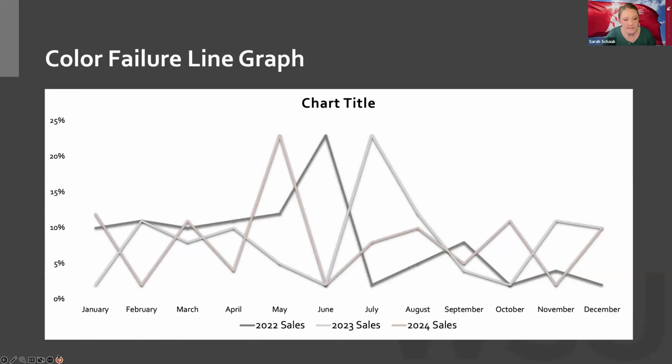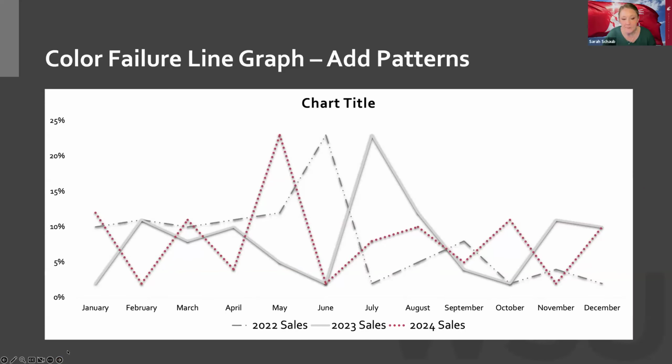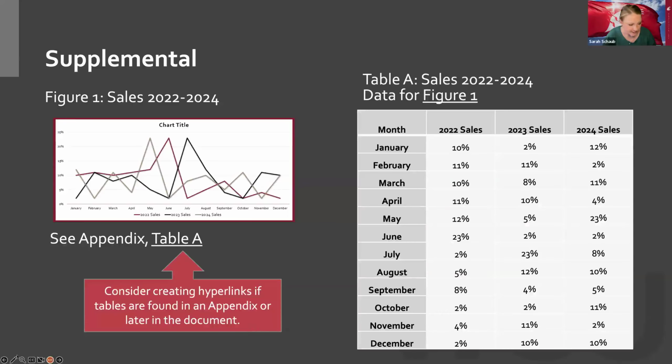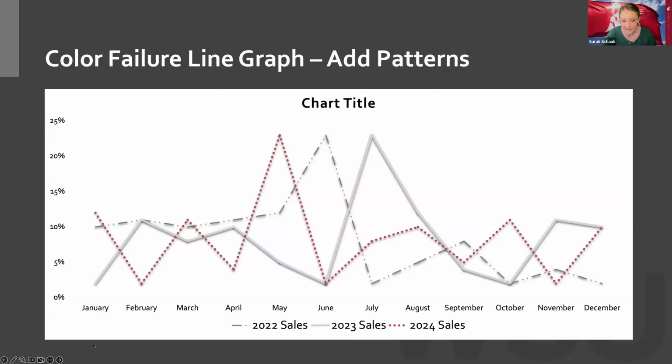And so a way you can fix that is by adding patterns to your line charts and then making your legend large enough to show what those patterns are for your chart titles. So one line we made with dots, another is a solid, and another one is a combination of lines and dots to clearly differentiate the difference between.